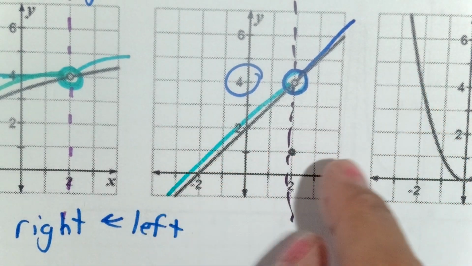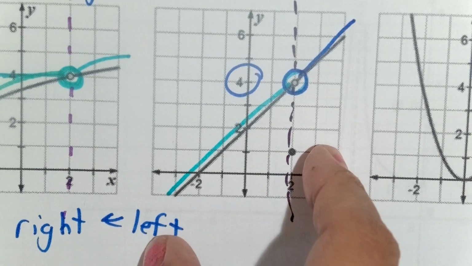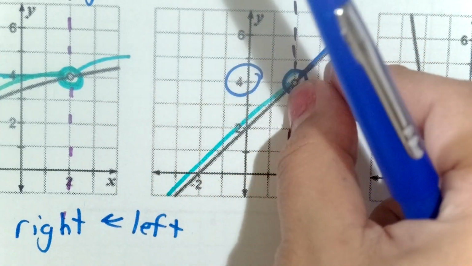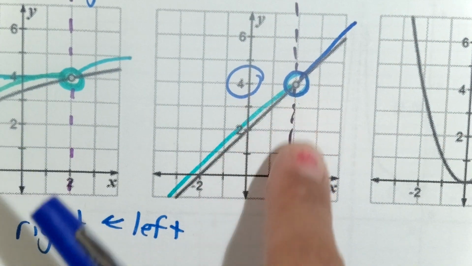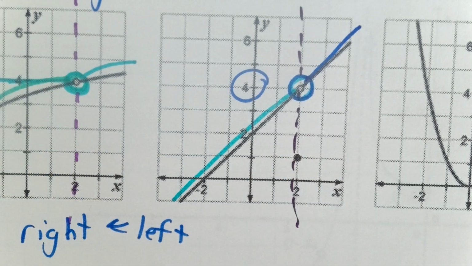It's there because the function is defined at that point, but remember, limits are where the graph approaches, not where it equals to. Where does it get closer and closer to? It gets closer and closer to 4. It doesn't even touch this number down here, right? It's like you and one friend walking towards each other on the street, right?